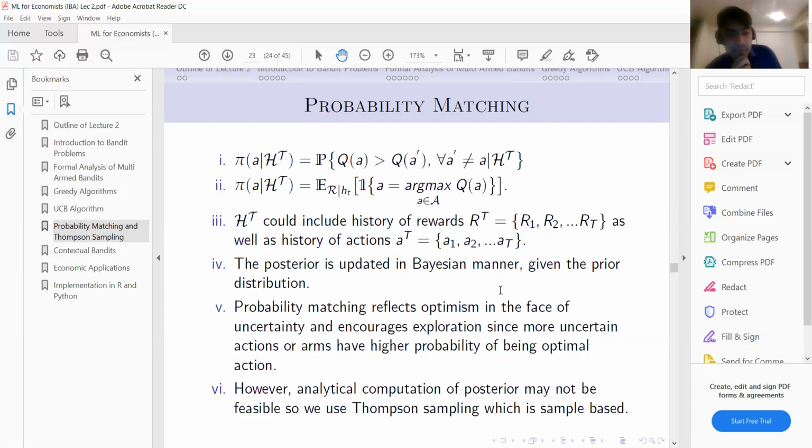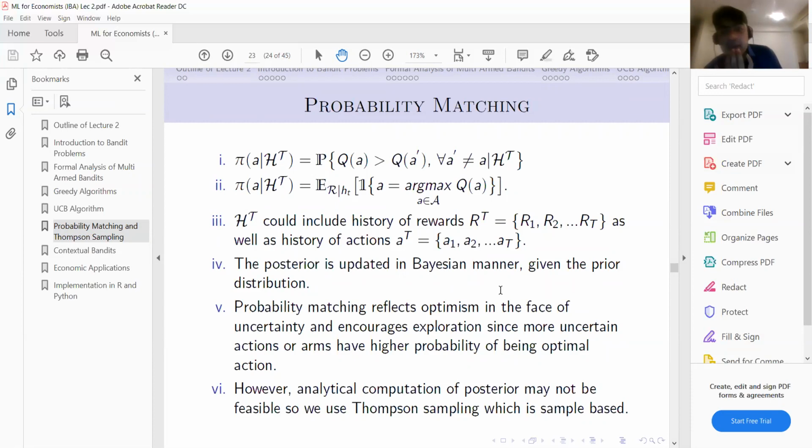Thompson sampling achieves logarithmic or sublinear regret even in finite samples. So it has better performance relative to even UCB algorithms in many settings. Even though both achieve asymptotic sublinear regret, in finite samples the performance of Thompson sampling is better.